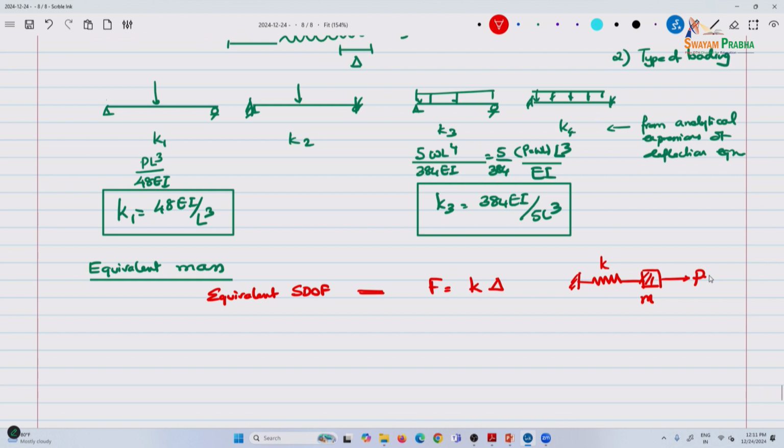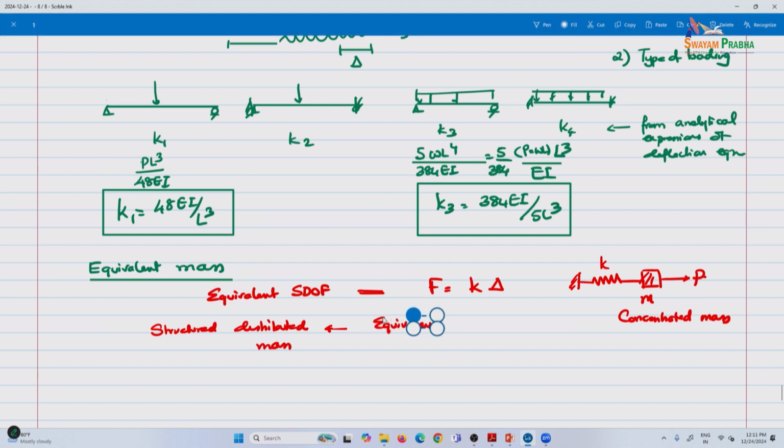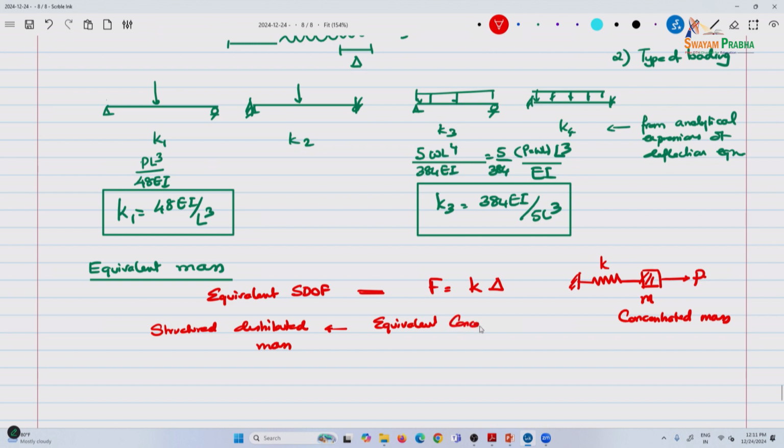So, here this assumes a concentrated mass, but ours is structures, they have distributed mass, and I will try to bring you some. So, therefore, you have to have an equivalent concentrated mass. So, you convert the distributed mass into an equivalent using a certain factor. So, that is another consideration that you have to keep in mind.